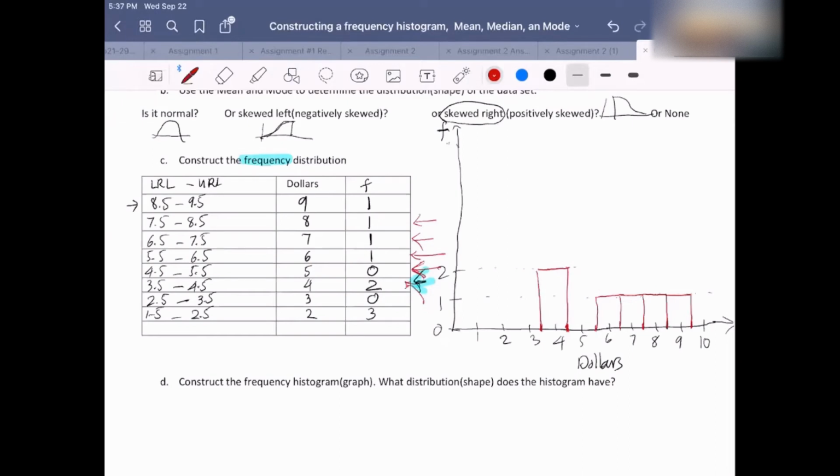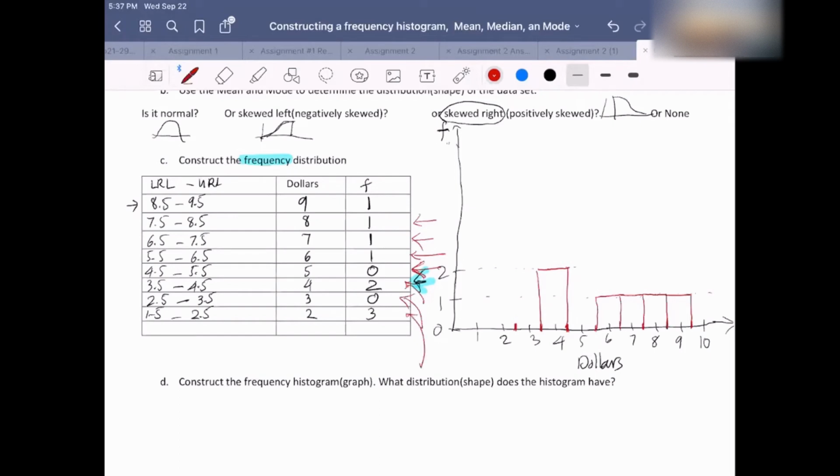And number 3, the limits are 2.5 to 3.5, but the frequency is 0, so we don't have a bar at the 3, okay? And for number 2, the last one, the frequency is 3. So that means that we have to go up 3, right?